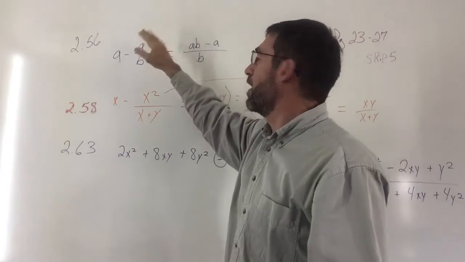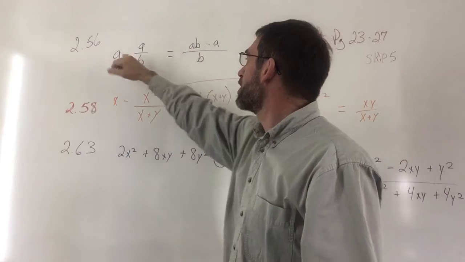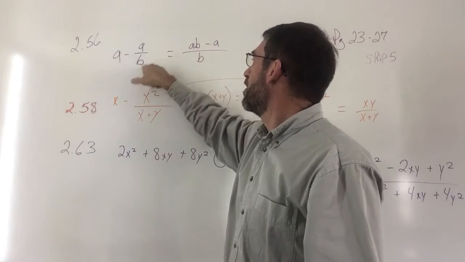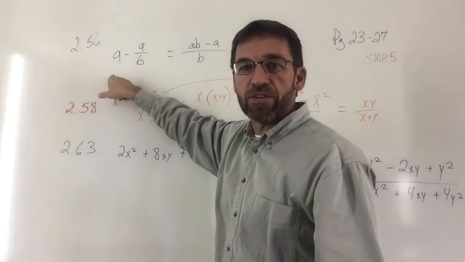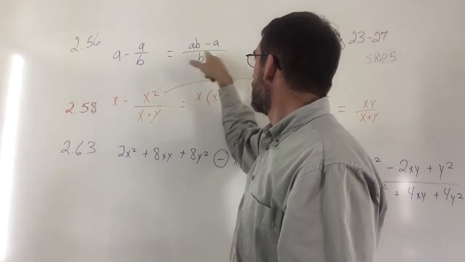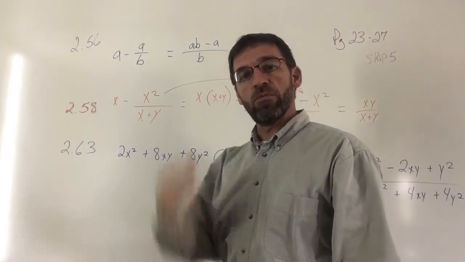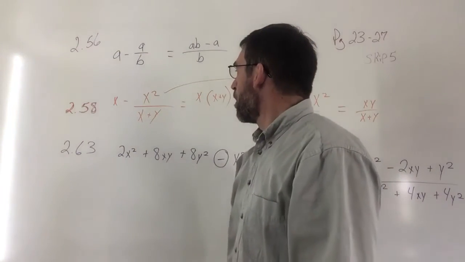I didn't do all those steps; it was pretty simple. B times A is AB, and that left you with negative A. What you actually did was just put a 1 underneath this A here. That put B for both terms on top, and B was your bottom line.